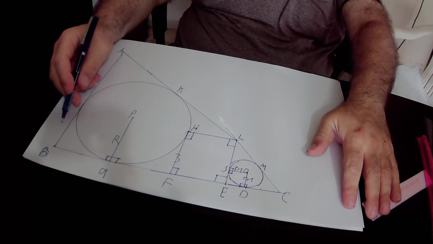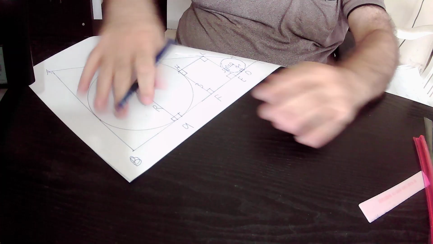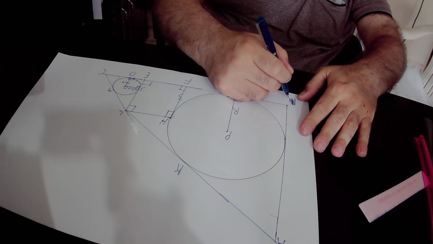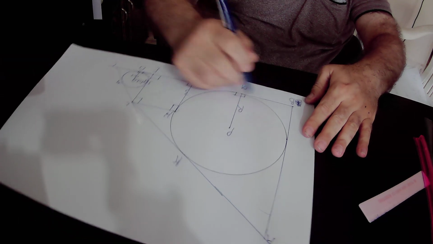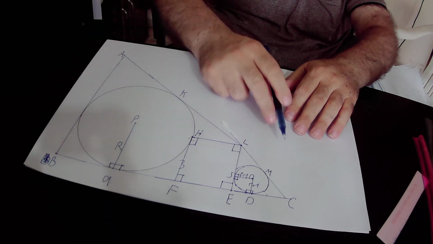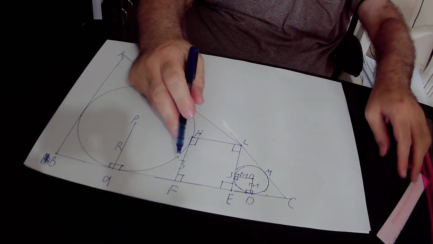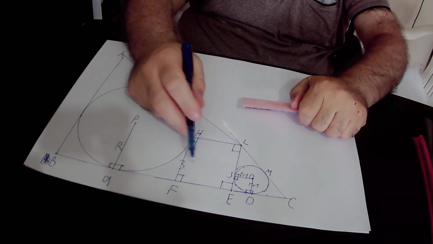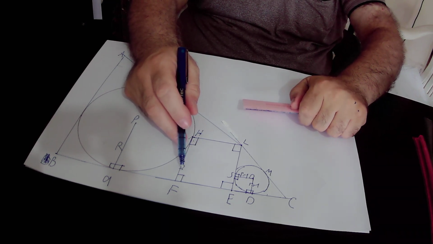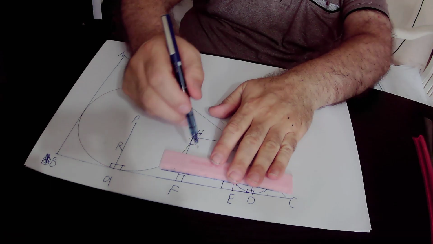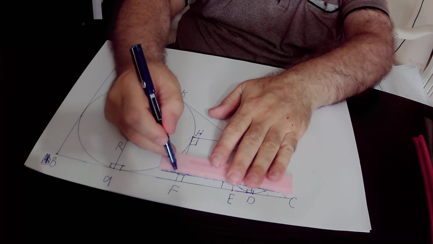So if we focus on the upper side of the straight line BC at point F, here the sum of the angles must be equal to 180 degrees. So which angles we have at the upper side of BC at point F? We have this angle that is equal to 90 degrees plus the missing angle. Here the missing angle must be equal to 90 degrees.